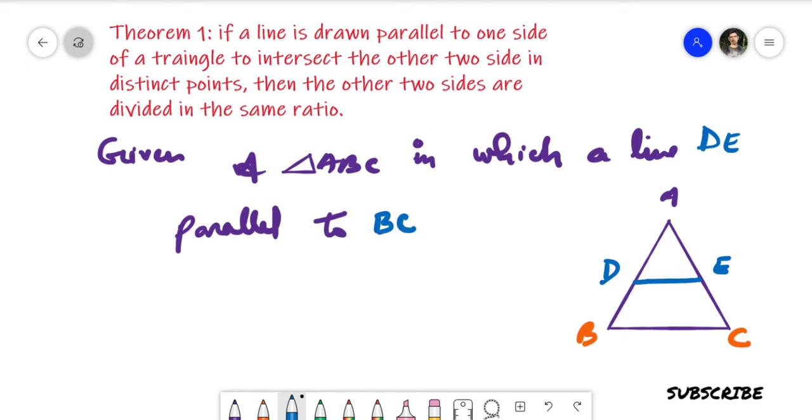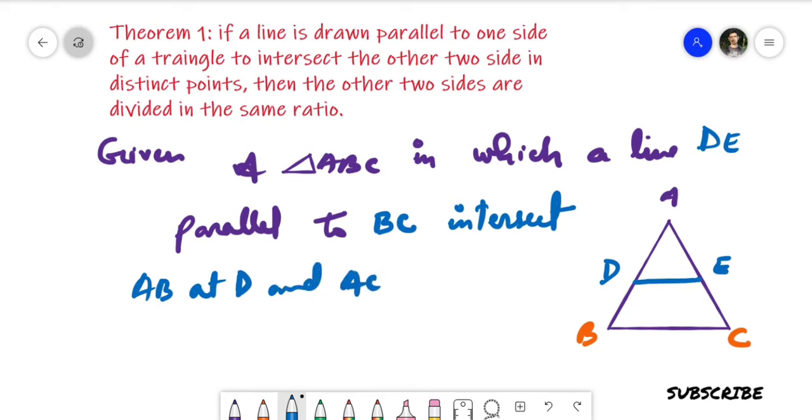BC intersects AB at D, because here it's intersecting, and AC at E. So I can say that DE is parallel, this is the parallel symbol, to BC.